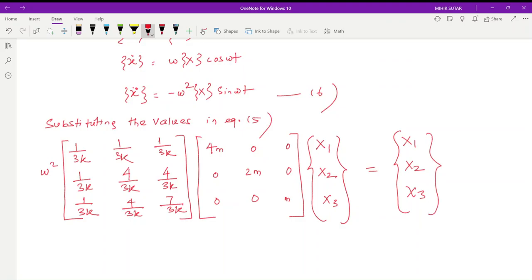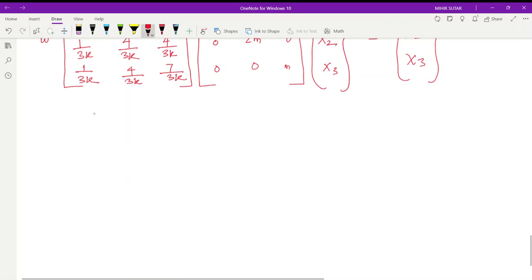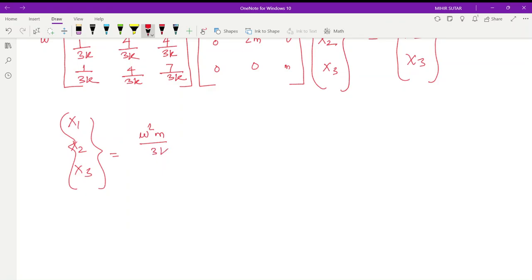Okay, now or we can say that x1 x2 x3 is equal to omega square m by 3k into the matrix 4 4 4, 2 8 8, 1 4 7, into x1 x2 x3.